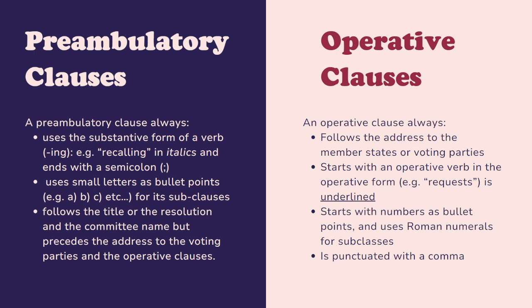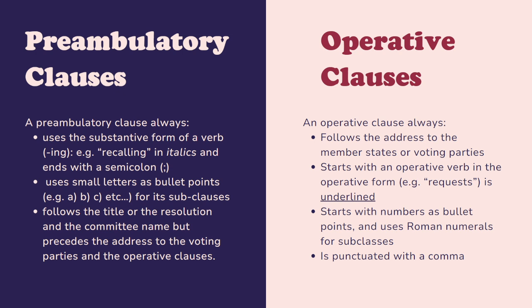It follows the title of the resolution and the committee name but precedes the address to the voting parties and the operative clauses. So the preambulatory clauses come after your title of the resolution and the details below it and before your operative clauses.